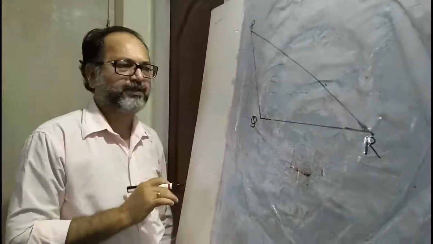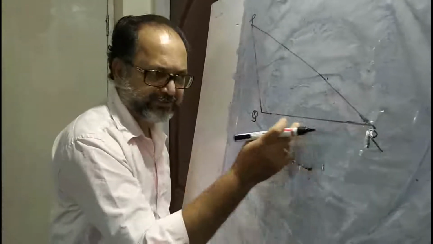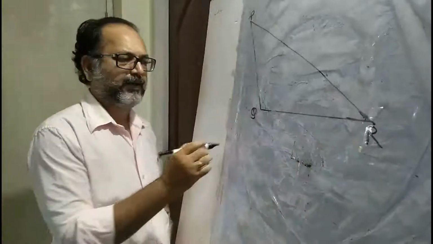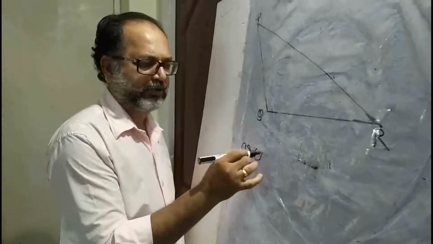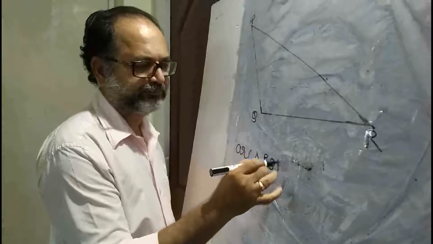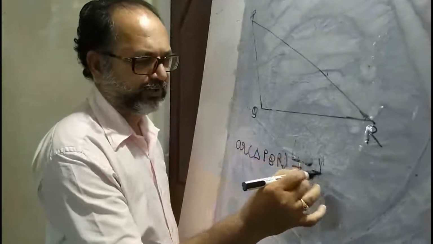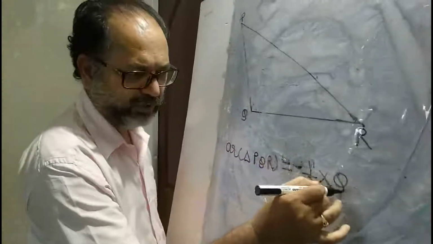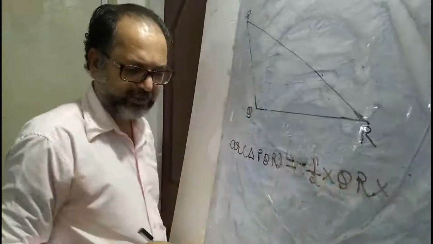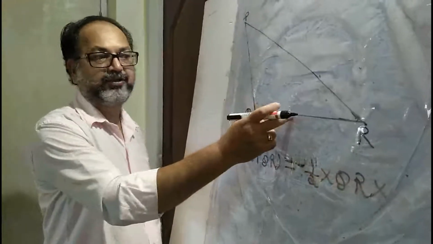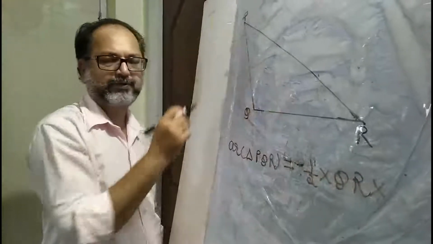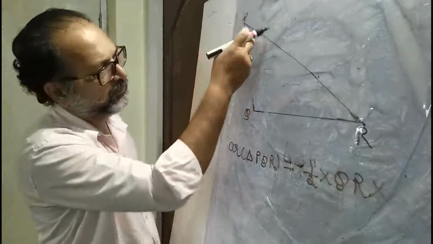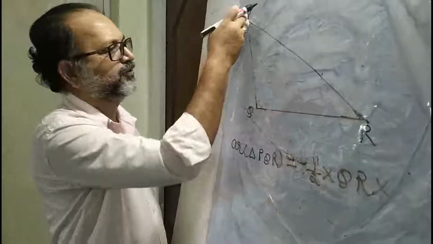Now in this case, if I take QR as the base, then how can I write the area of this triangle PQR? If I take QR as the base, it will be half QR multiplied by the perpendicular to this side from the opposite vertex.